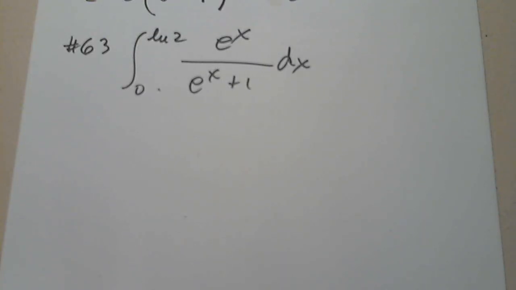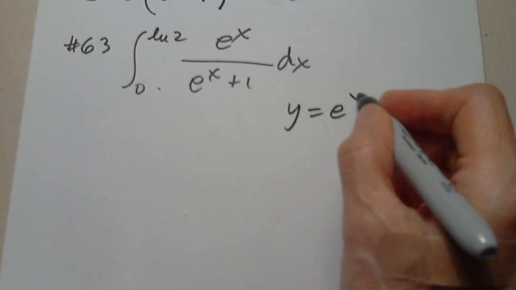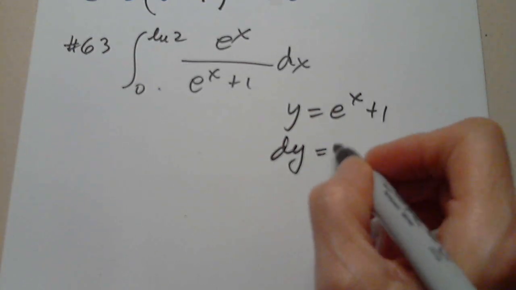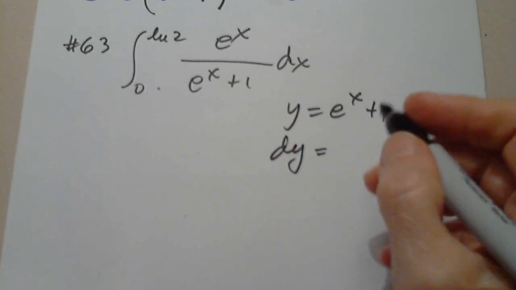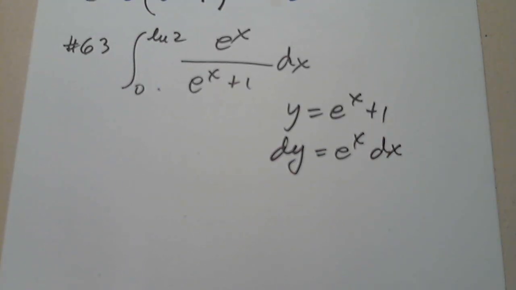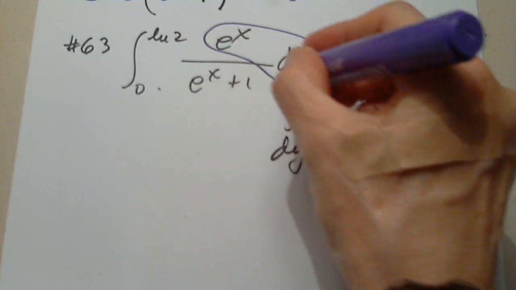That is the problem. So let y be e to the x plus 1, but I need dy, without which I cannot move on to an integral in y. e to the x dx. Beautiful. Wonderful.